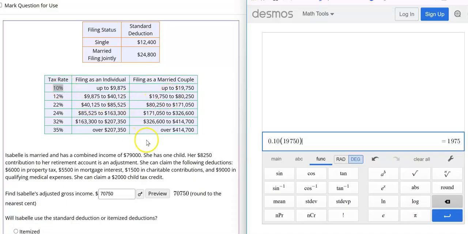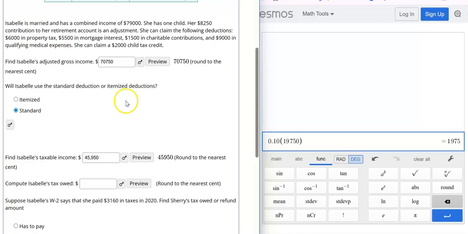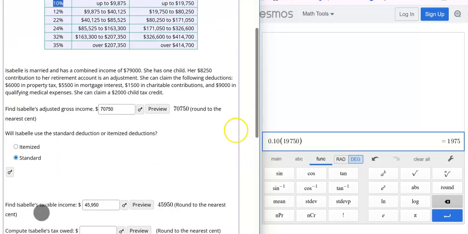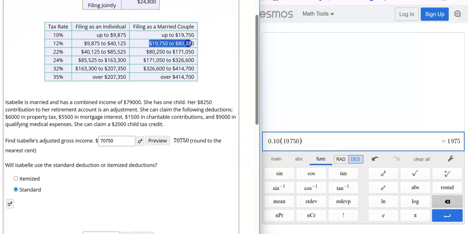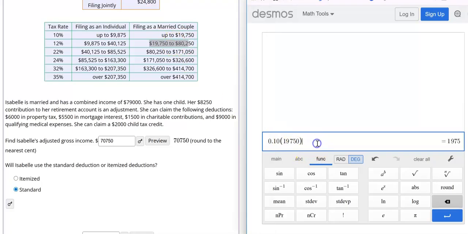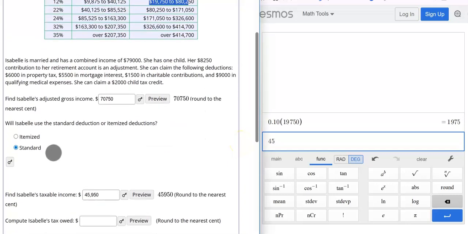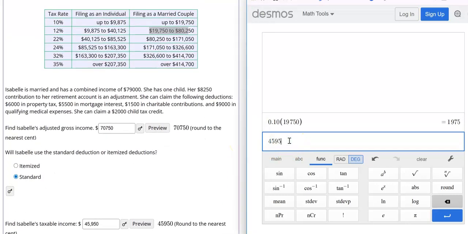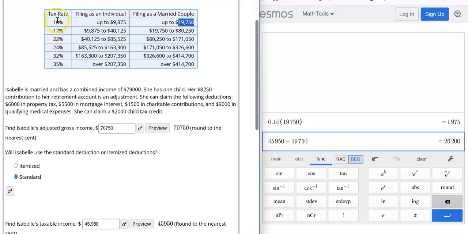What's the remaining? Her taxable income is $45,950, which belongs here. The remaining amount that goes at 12% is $45,950 minus $19,750, because she already paid up to $19,750 at 10%.